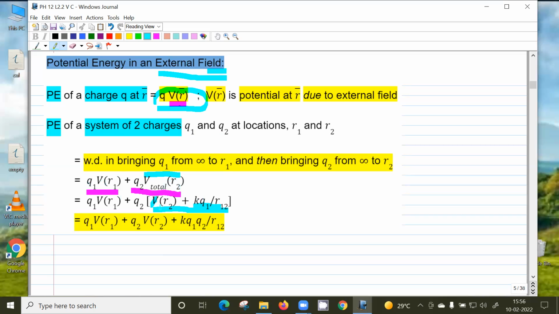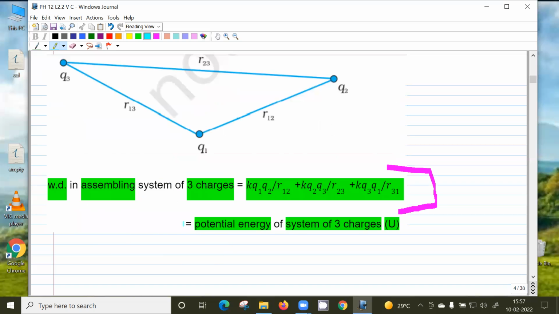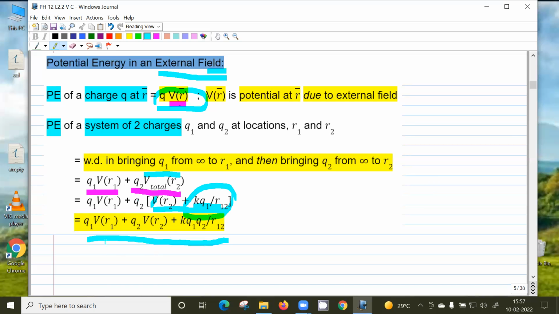So due to the external field, the potential at R2 is V at R2. And due to the charge Q1, the potential at R2 is Q1 into the distance between 1 and 2. So the total potential at R2 is due to the external field plus due to Q1. So the sum will be Q1 V1 plus Q2 V2 plus the interaction between 1 and 2. In the previous case where there is no external field, these two terms won't be there.